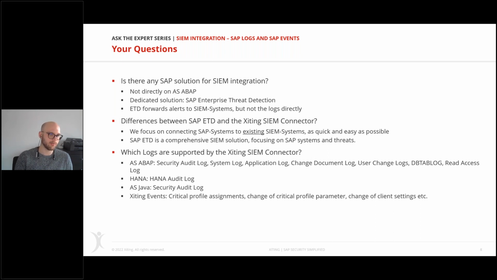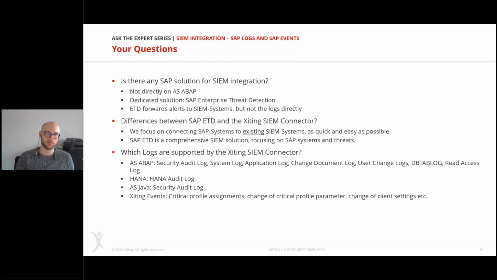What we additionally offer on top of log extraction and log forwarding is to produce our own Xiting events with our connector. So the connector not only extracts the logs, but also has its own checks which produce alerts. So for example, if a critical profile gets assigned, or if a profile parameter is changed in a critical way, or if client settings, for example, are changed in a critical way, if some critical ICF nodes get activated, then an alert is raised directly from our connector.